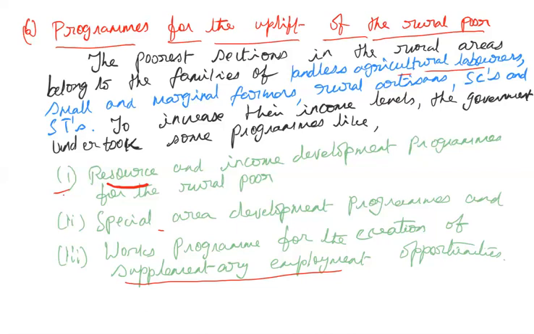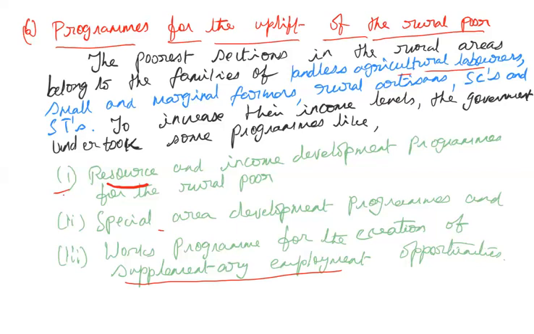We have seen the development of rural infrastructure, crash program, food for work program, NREP, RLEGP. All those programs are only construction activities, development of infrastructure. Such programs can be given to the people depending on agriculture, which is very seasonal, during the off season, so that they get supplementary income.